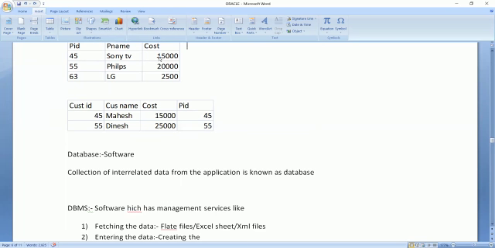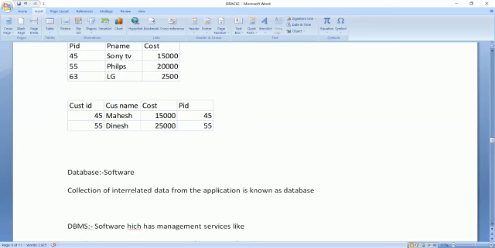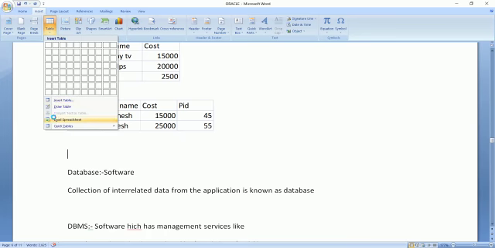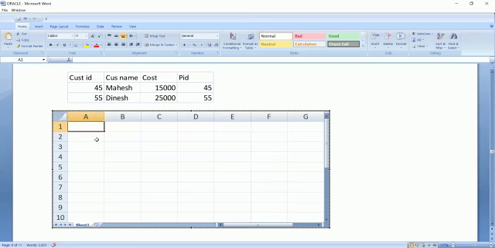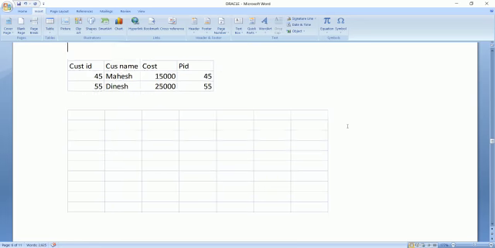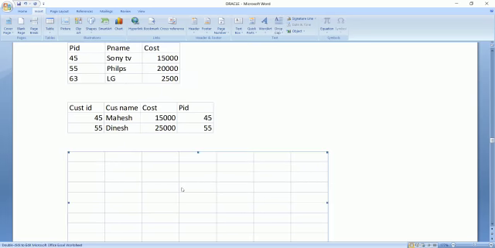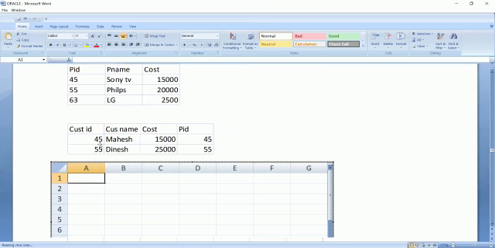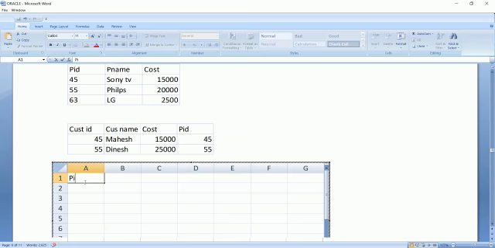If we have a relationship, the tables will combine together, and whatever values are matching will be taken as one row. I'll insert another table. Here PID is matching with 45, so it will take one row.